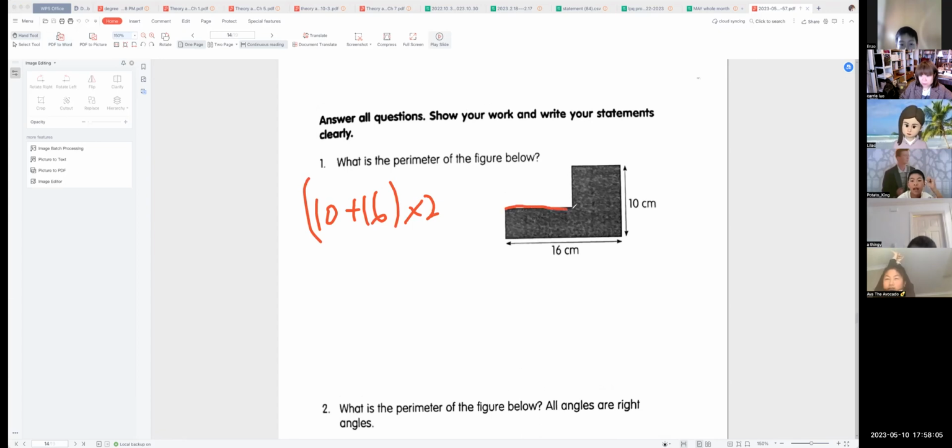Because you can move this one up to here and move this line up to here, right? Okay, very good. So the answer is 52.